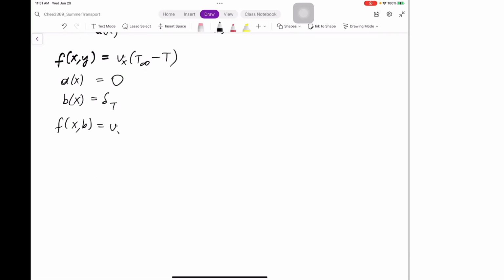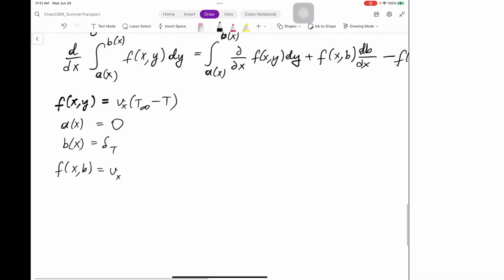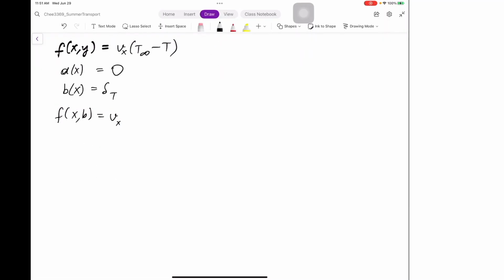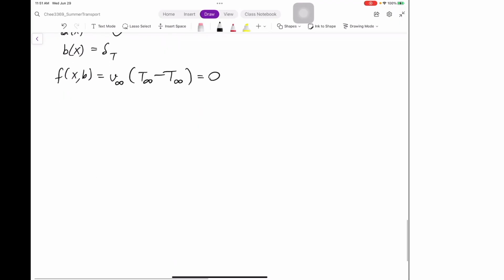That's going to be v x evaluated at delta t. So basically we have v infinity times t infinity minus t infinity, which is equal to 0.